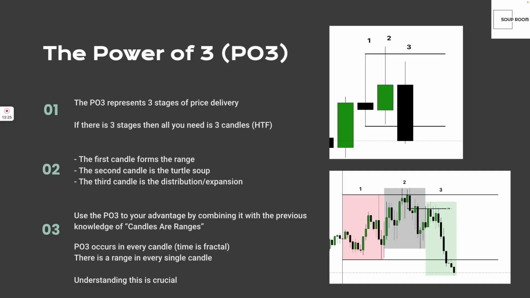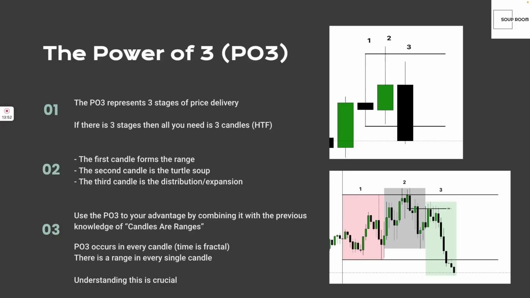Use the power of 3 to your advantage by combining it with the previous knowledge of candles are ranges. Go back if you need to refresh. Power of 3 occurs in every single candle. Time is fractal. Like I mentioned before, there is a range in every single candle.